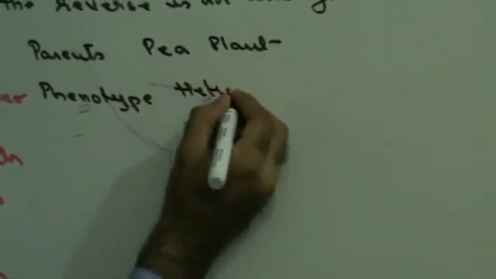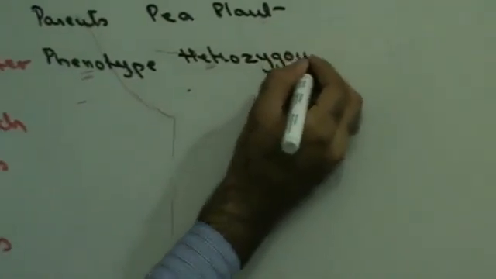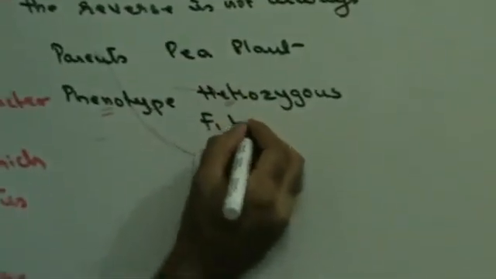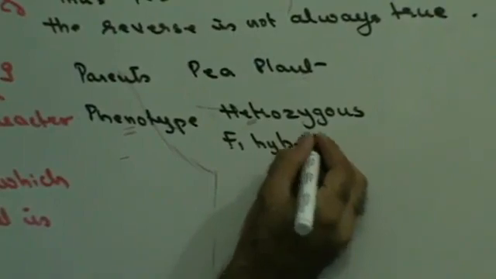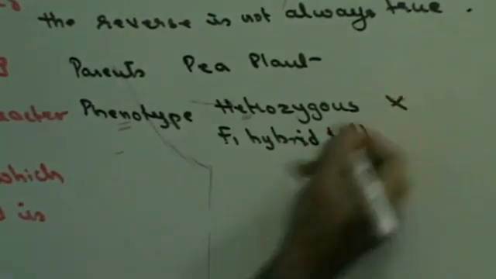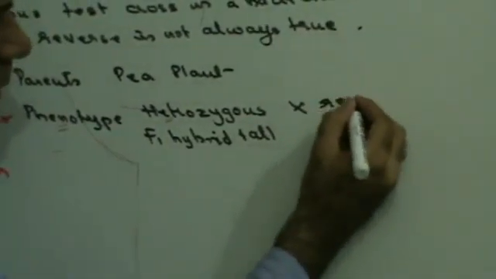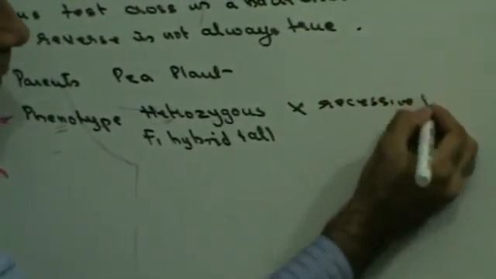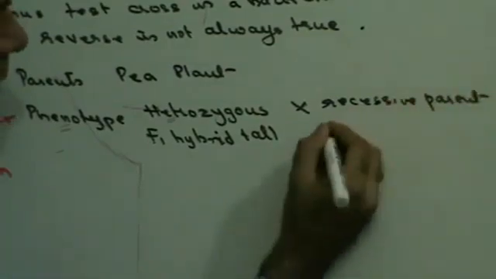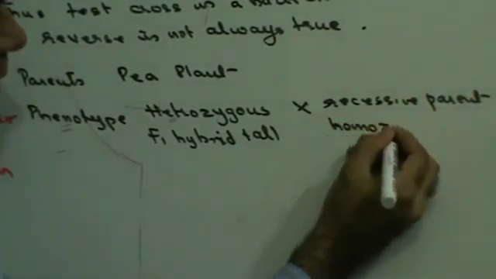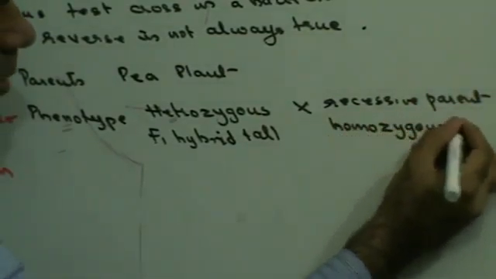Phenotype is going to be F1 hybrid tall, heterozygous, crossed with recessive parents, homozygous dwarf.